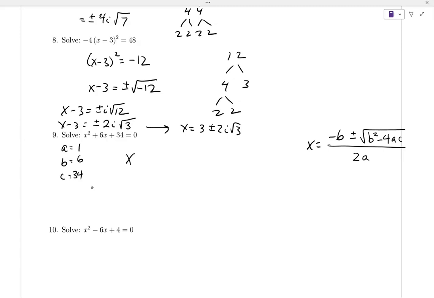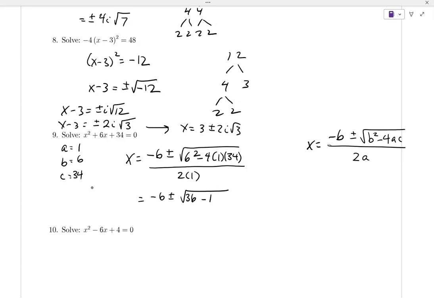So plugging all this stuff in, we get minus 6 plus or minus the square root of 6 squared minus 4 times 1 times 34, all over 2 times 1. Six squared is 36. 4 times 34 is 136.